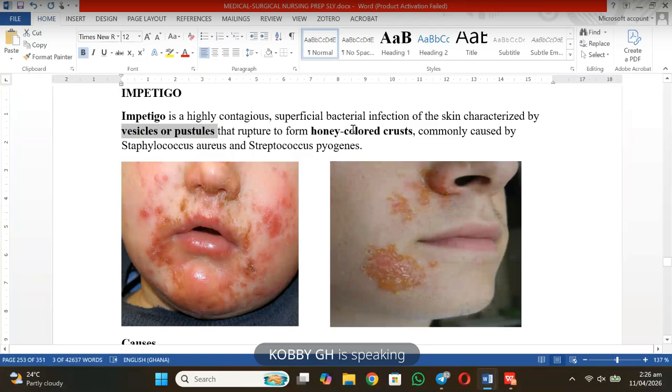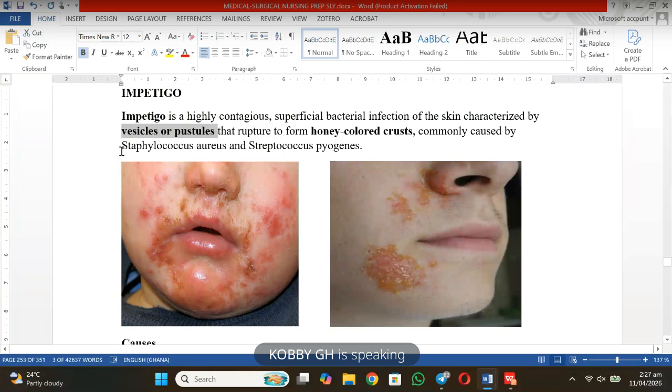A honey-colored crust. So, for example, you see this one. It started as a vesicle. You see here, this patient has experienced a burst of the vesicles, but it will usually start as a vesicle. Then it will burst, and when it bursts, it forms the honey-colored crust.